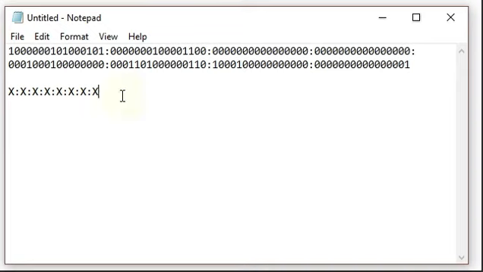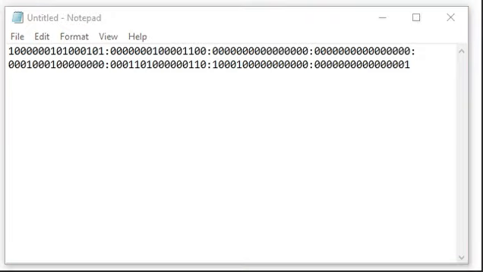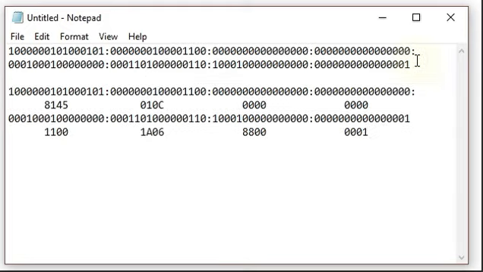Now, using the same 128-bit address, here's how it will look converted to its hexadecimal equivalent. Let me show you. 8145, 010c, 0000, 0000, 1100, 1A06, 8800 and 0001.